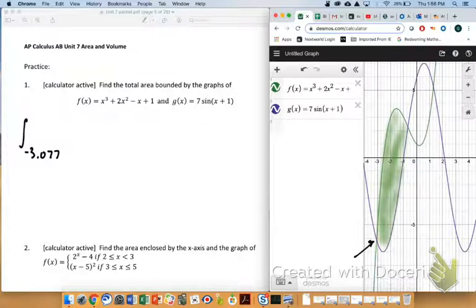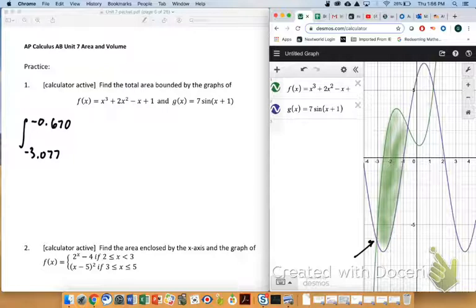Help me out, I'm just going by memory. Oh, negative. That's right. Negative 0.67. There we go. I think I just flipped those numbers around.